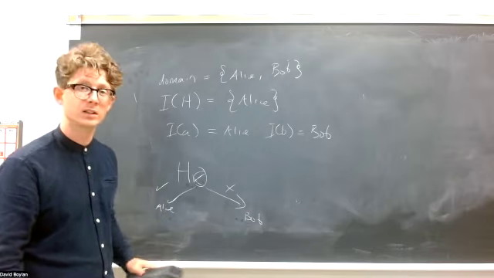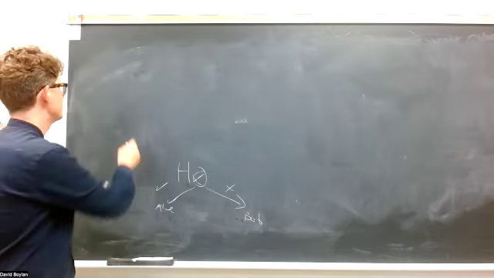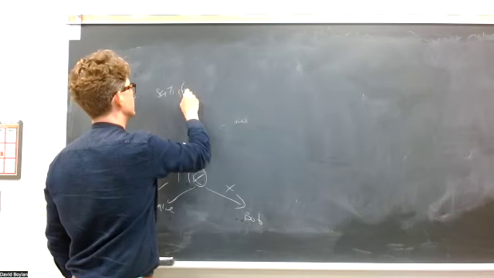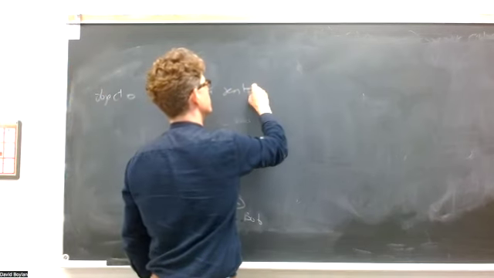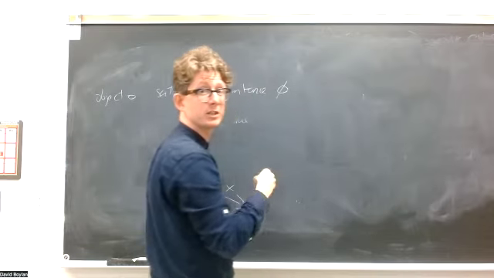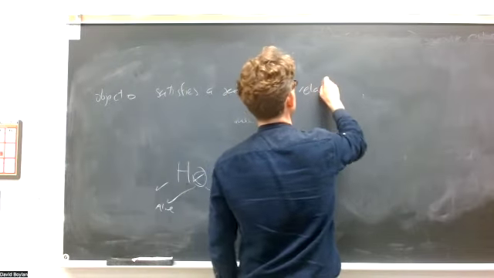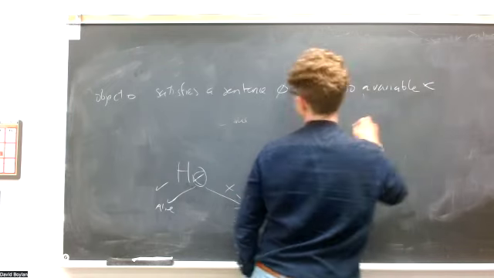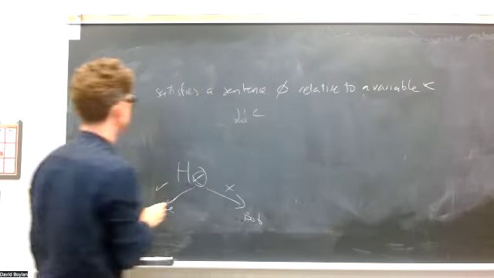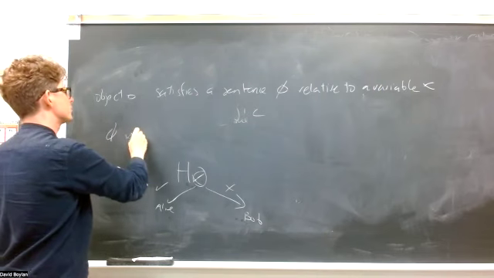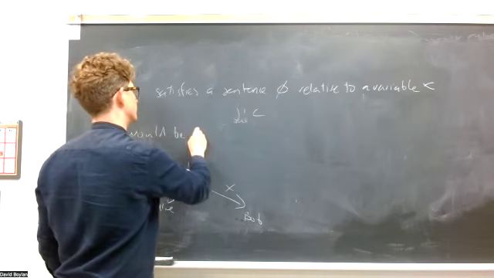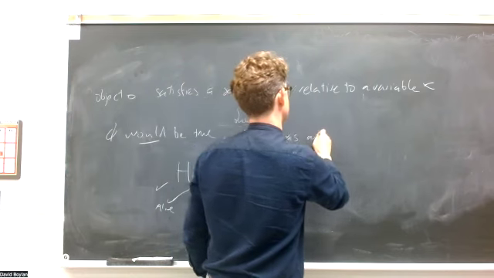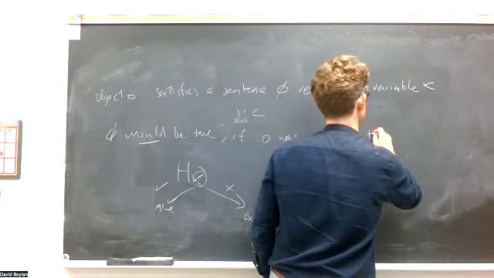So let me now write down the definition of satisfaction. Our general definition will be: an object O satisfies a sentence phi, I'll write phi because it could be any sentence, relative to a variable x, just in case phi would be true if O was assigned to x.